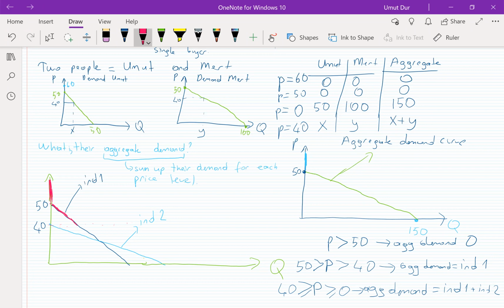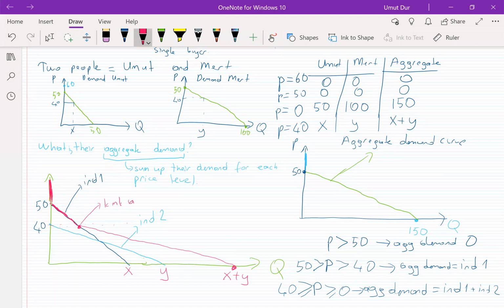So if I shift individual two's demand curve and start it from here, we get this. Let's say this is x, this is y, then it will intersect at x plus y. So there will be a kink at price level 40.